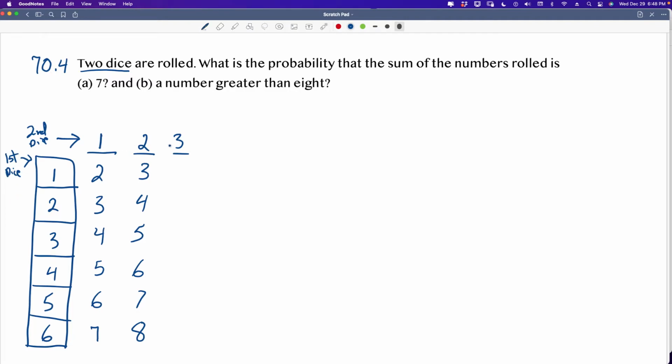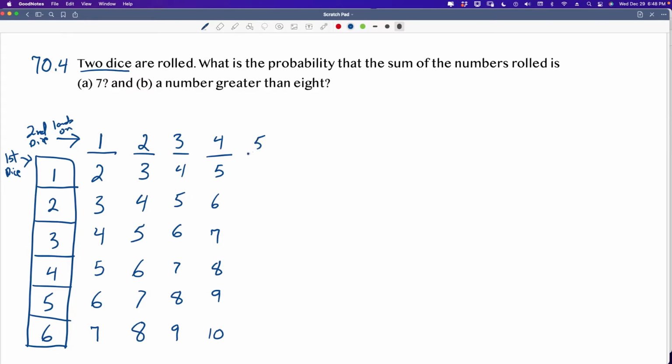So if the second die lands on 3, 3 and 1 is 4, 3 and 2 is 5, 3 and 3 is 6, 3 and 4 is 7, then you have 8, and then you have 9. If the second one lands on a 4, then this would be 5, 6, 7, 8, 9, and 10.